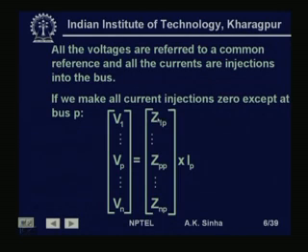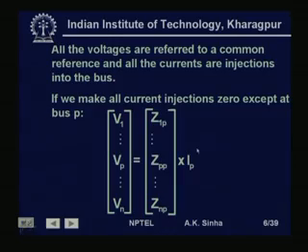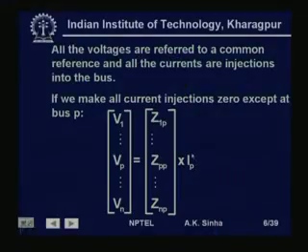If we want to compute any column of this Z bus matrix, we need to open circuit all the buses except bus P. There is no current injection at those buses except the pth bus, where we are injecting a current IP.